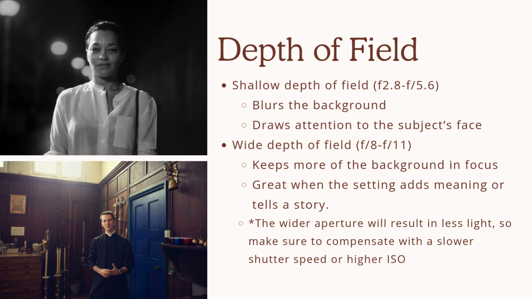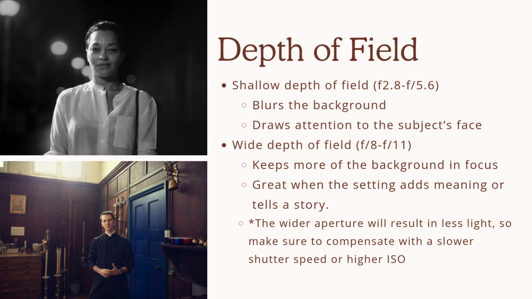Like in this example portrait of the father, we have a nice crisp subject, and most of the background is pretty in focus. You can see the nice details on the candles, tabernacle, all of this stuff. So just think about what you need to tell in the story. Do you need the background as context? If so, shoot with that wider aperture.